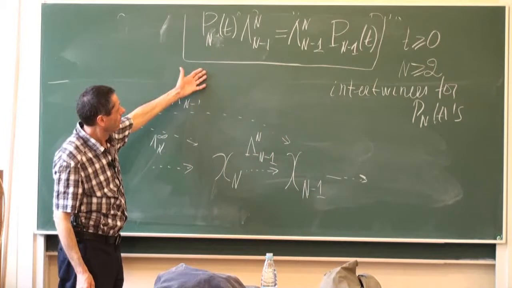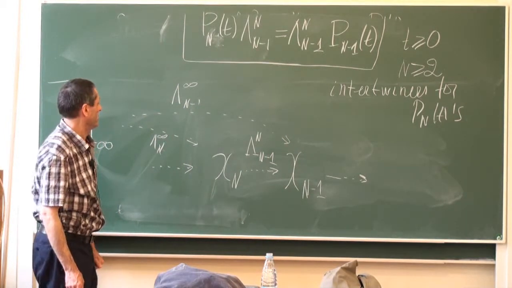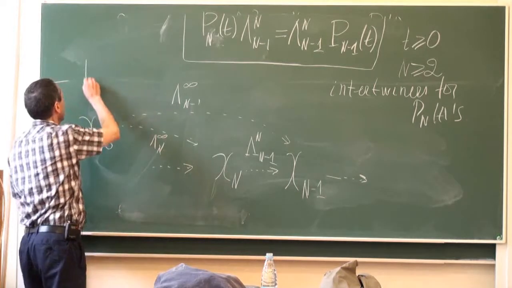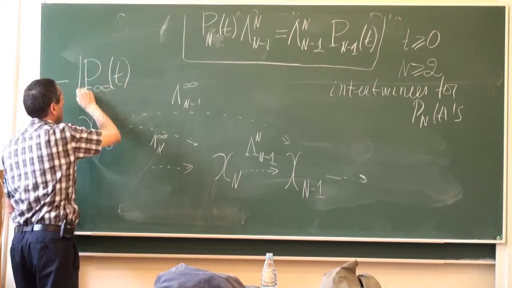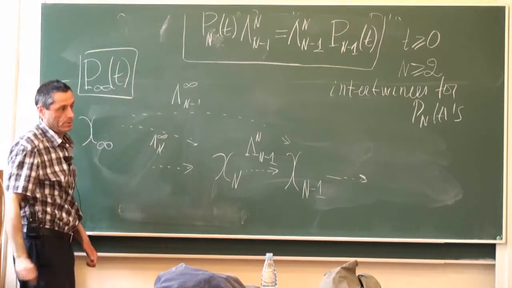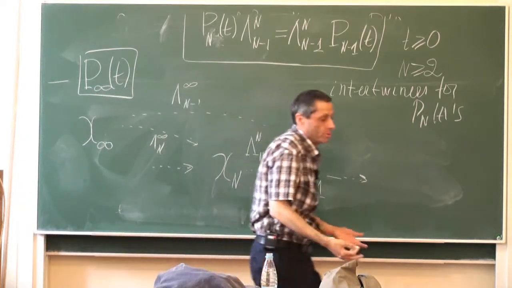If you have such relations, then I claim that there exists a unique Markov semigroup on this space. And the argument is almost trivial.